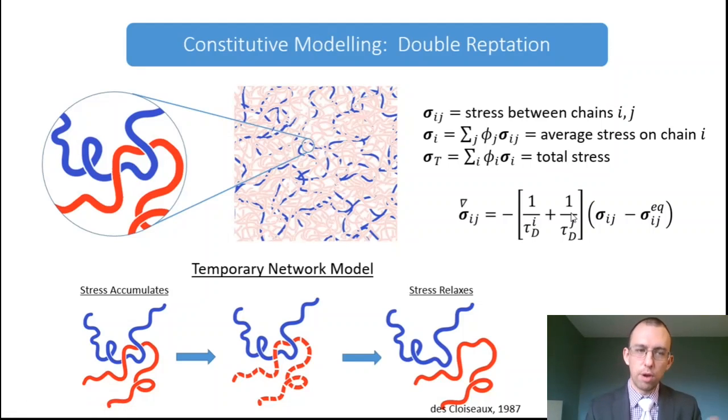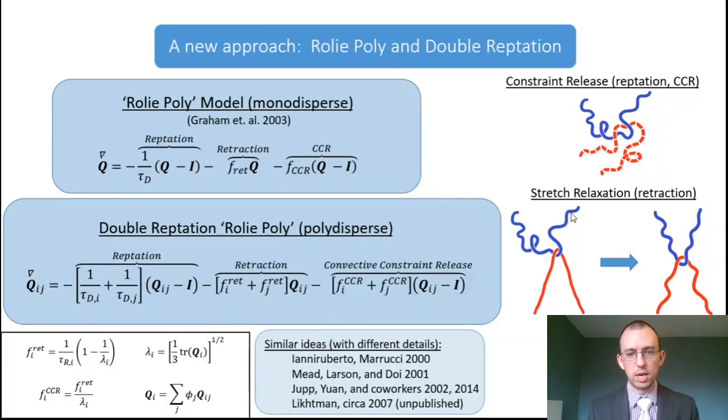So what we do for a nonlinear constitutive model, and this work was done in conjunction with Daniel Read and Victor Verdara at the University of Leeds, is we simply generalize the microscopic picture of double reptation, namely these pairwise binary entanglements, to these nonlinear stress relaxation mechanisms of the Rolie-Poly model. The convective constraint release picture is predictable. Its stress relaxation happens when either one or the other of the entangled chains moves past by chain retraction.